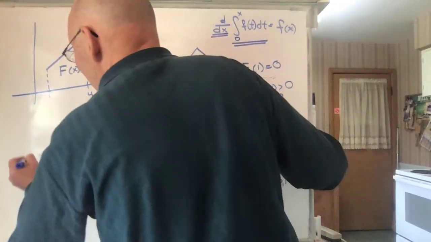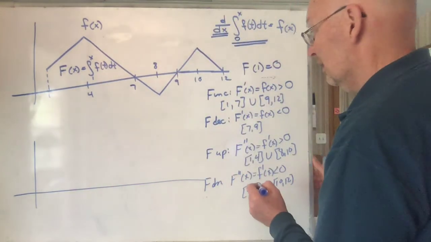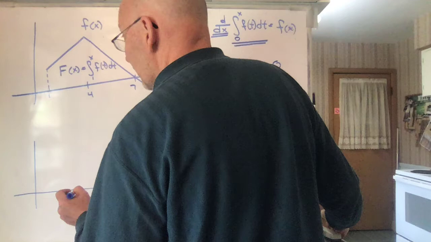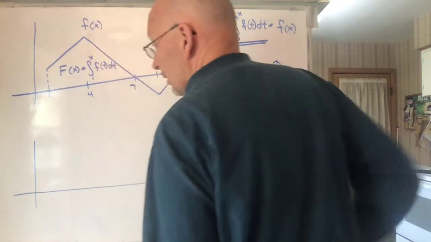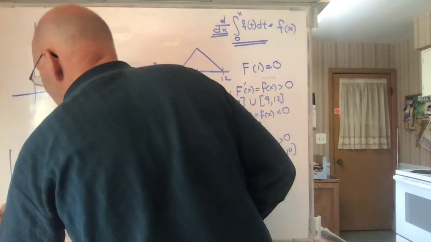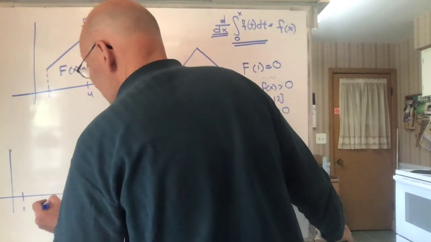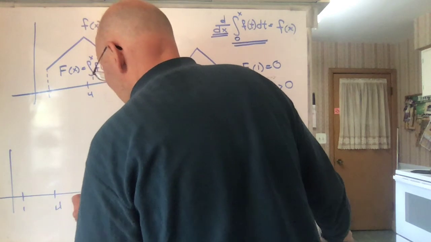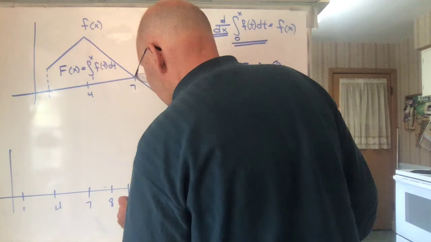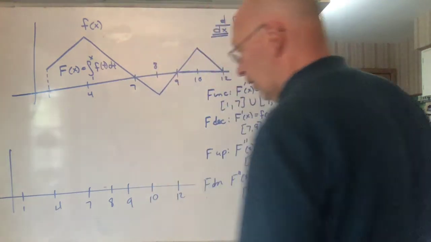Okay, so see if I can do it same as I did it before. Didn't give myself quite enough space here. I have to kind of shift it over. So here's 1, 4, 7, 8, 9, 10, and 12.